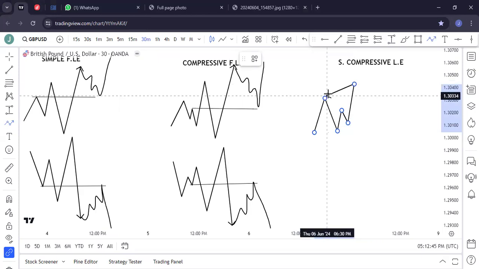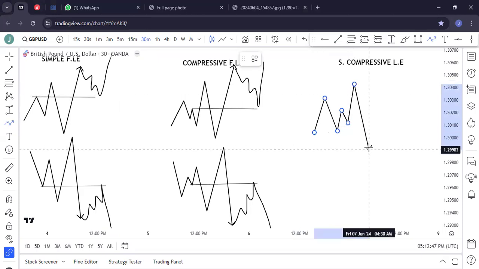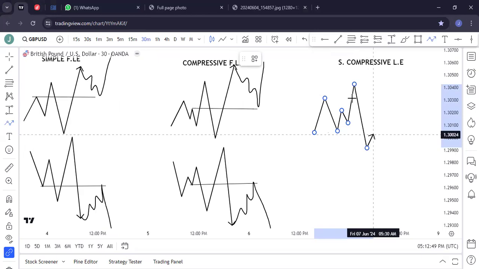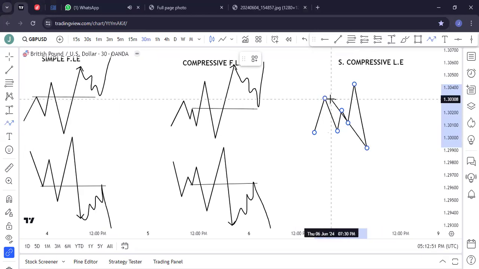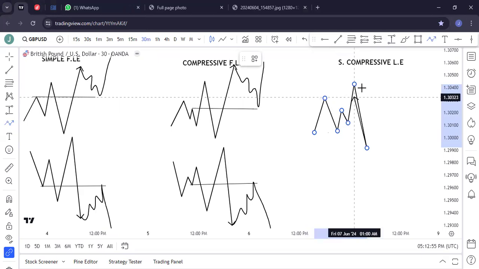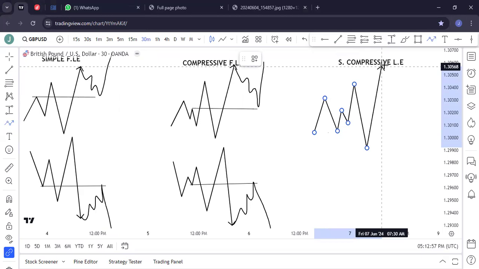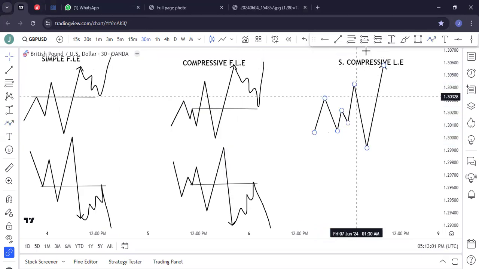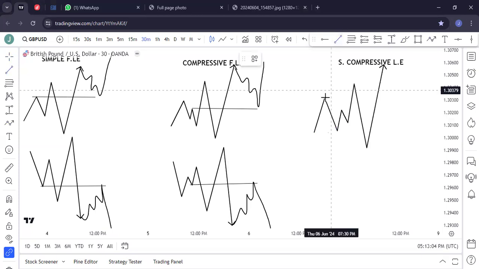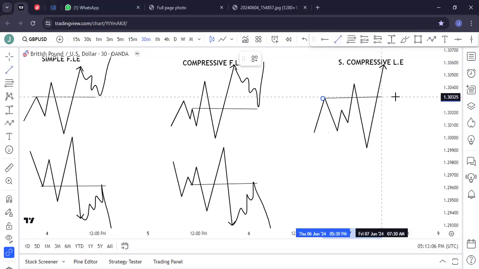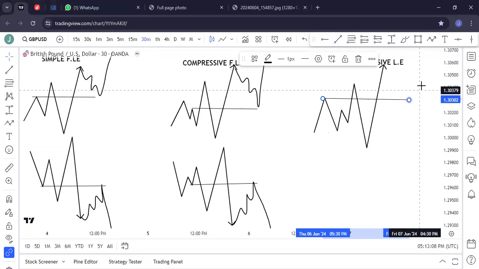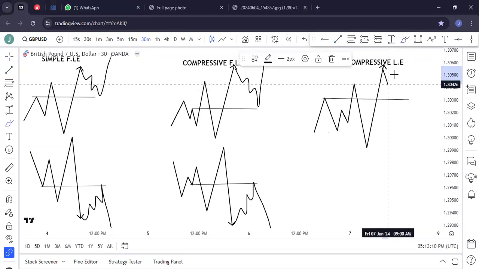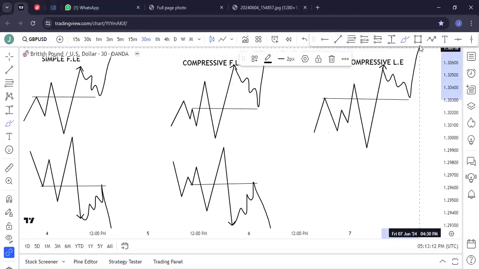Then after that, the market changed the character below. So we are supposed to enter here as our liquidity engineering. Now the market breaks above. So after the market breaks there, we were supposed to enter here as our liquidity engineering. Now we are going to enter as a failed liquidity engineering.